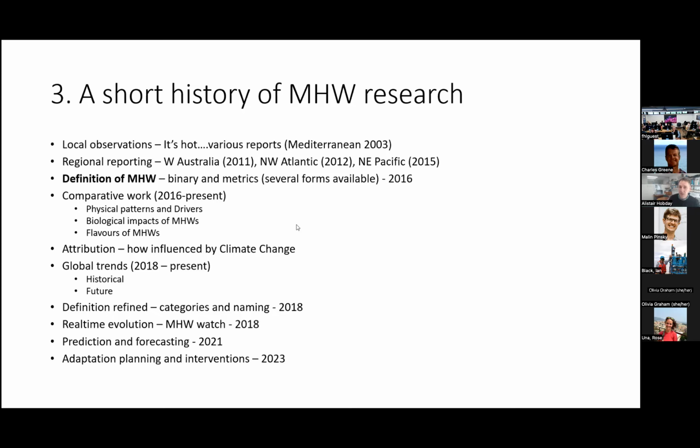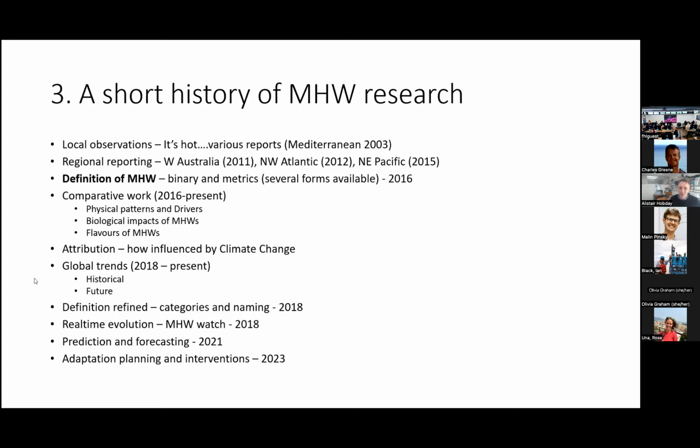That led us then to thinking about, well, what is a marine heat wave? And so it was 2016 that a first, call it a common definition of marine heat waves was proposed. And since then, we've seen lots of comparative work. We've looked at attribution. There have been studies looking at global trends, evolution of categories, looking at real-time tracking of marine heat waves, through to prediction and forecasting, which became possible more widely in about 2021.